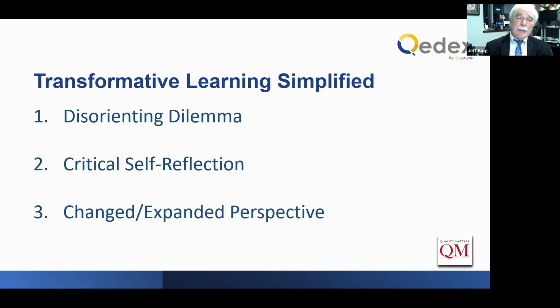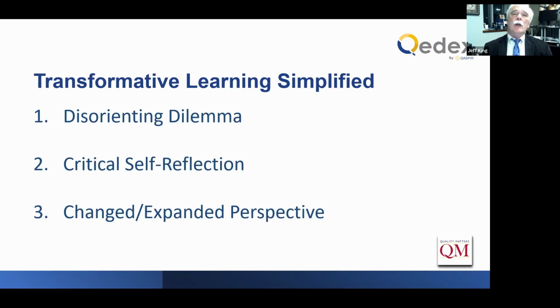And what happens then, even though it may take time over the course of a student's undergraduate career, for example, they change and expand their perspectives. A good example would be a student who, coming to university, might have stereotypical or limited views of people different from themselves.